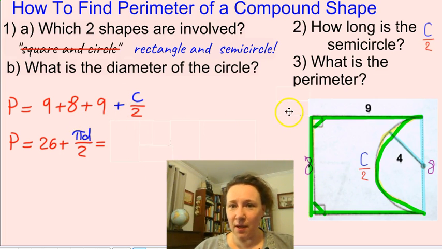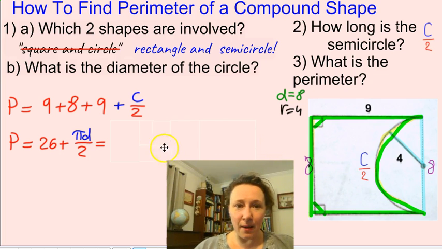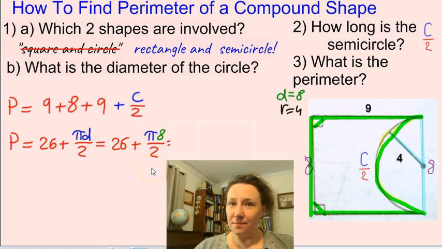Good thing that we remember writing our radius and diameter anytime we work with circles and semicircles right next to our diagram. This will allow us to avoid errors while we substitute the values. So I continue with 26 plus fraction over 2 with the numerator pi times 8.